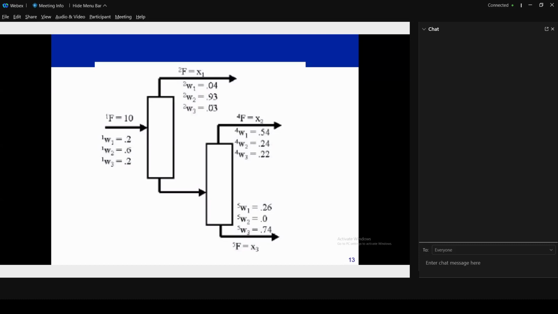Stream F2 has X1. We really don't know the flow rate, but however, we know the mass fractions of this stream. And then the bottom side product again gets flashed into two streams, that is F4 and F5. We know the weight fractions of all these, but we really don't know the flow rates. Correct? So our job here is to find out X1, X2, and X3.